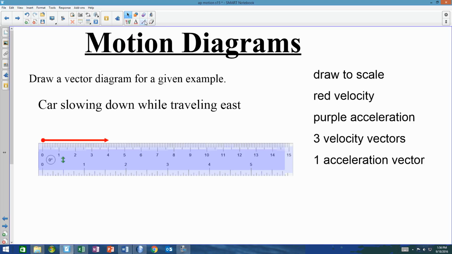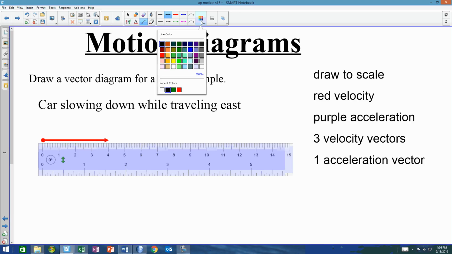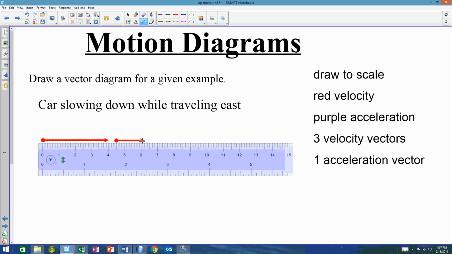The next velocity I'm going to draw, I'm going to make it 1 centimeter shorter. Okay, so I'm going to start here, and I'm going to make it 1, 2, 3. So that's 3 centimeters long. This one's 4 centimeters, this one's 3 centimeters.